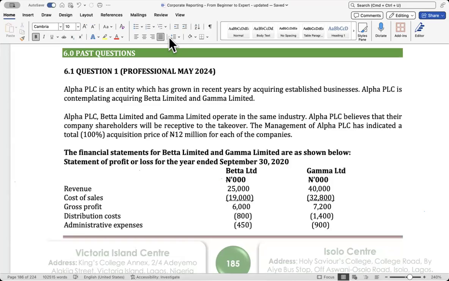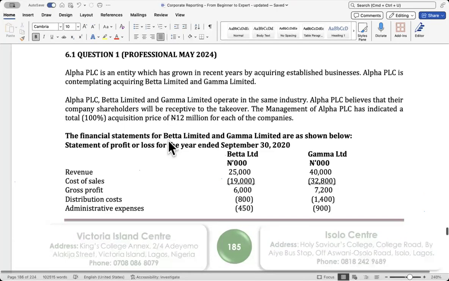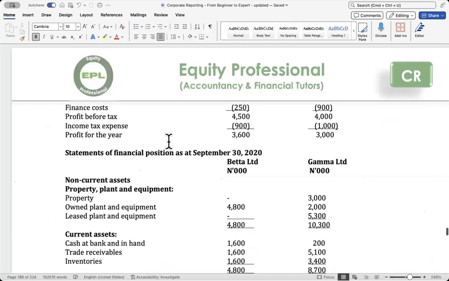Alpha PLC believes that their company shareholders will be receptive to the takeover. The management of Alpha PLC has indicated a total 100% acquisition price of 12 million naira for each of the companies. This is the financial statement for Beta and Gamma, showing the statement of profit or loss for the year ended.